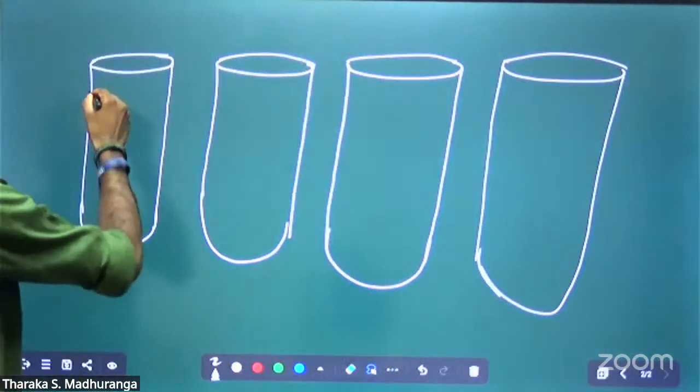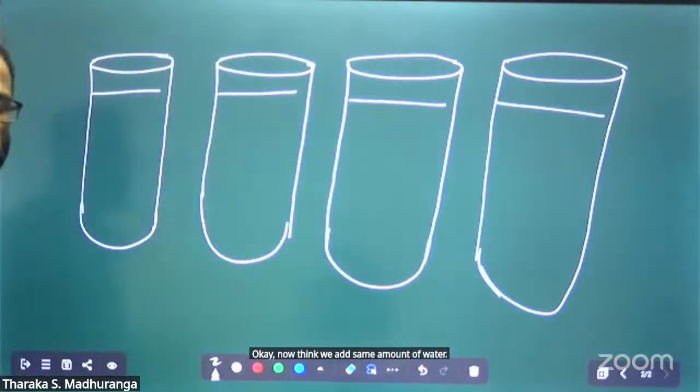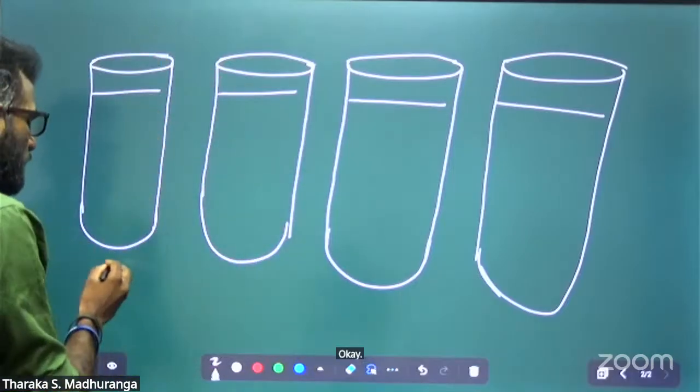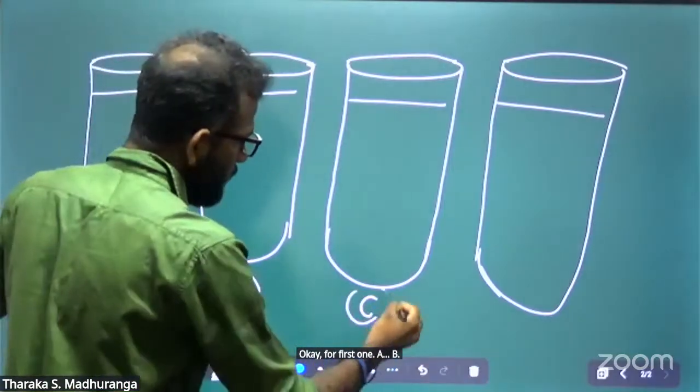Now think we add the same amount of water. For the first one, A, B, C, D.